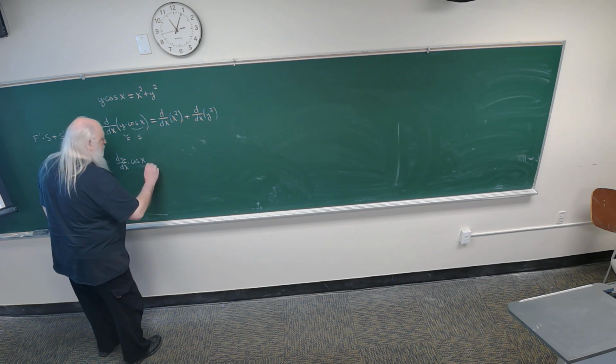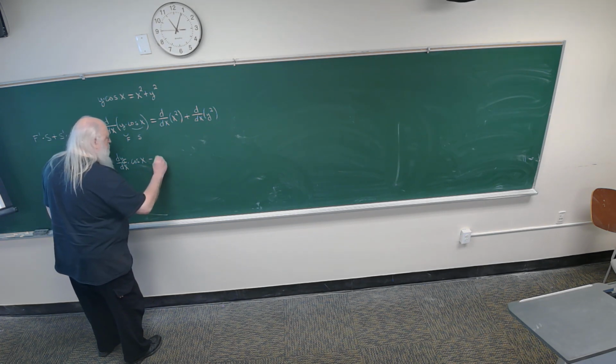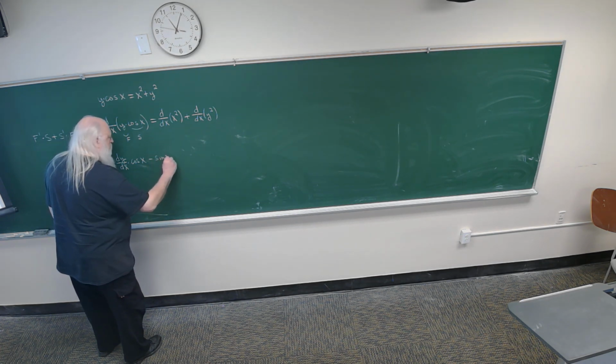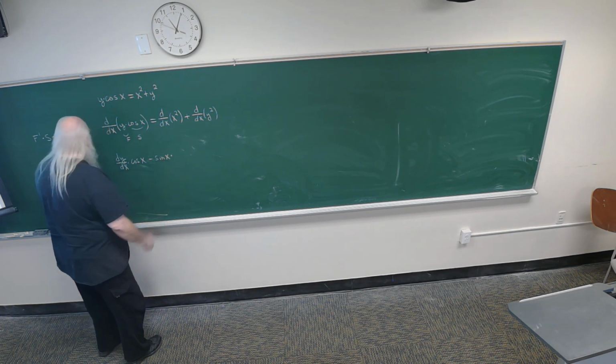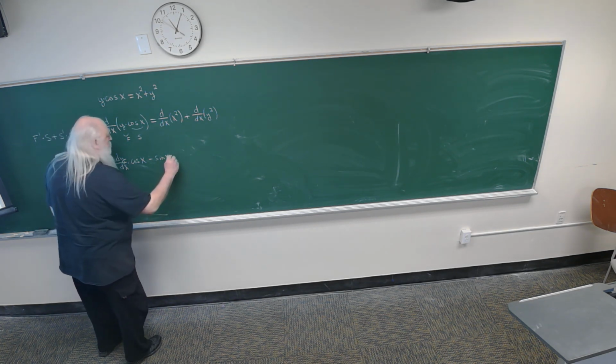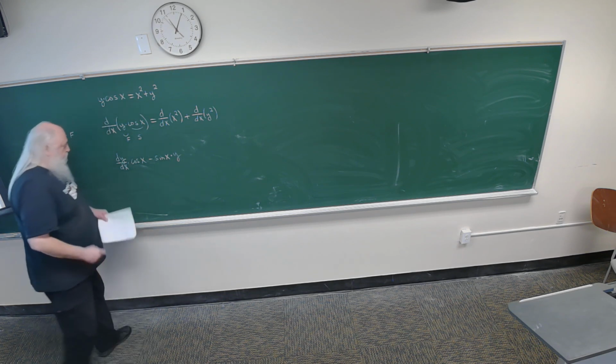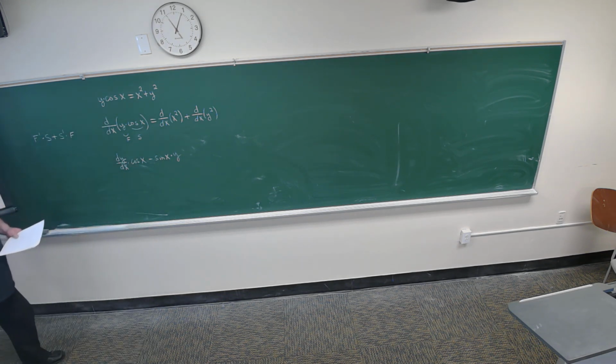I've got to change that plus to a minus. And then times the first function, y. So the derivative of the left-hand side of our original equation is the derivative of y with respect to x times cosine x minus sine x times y.